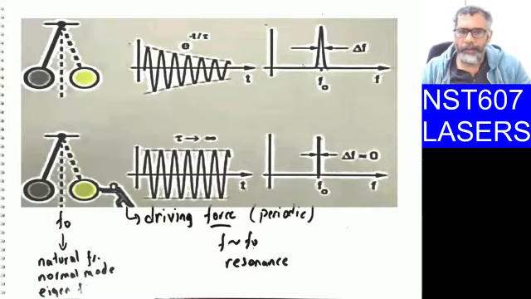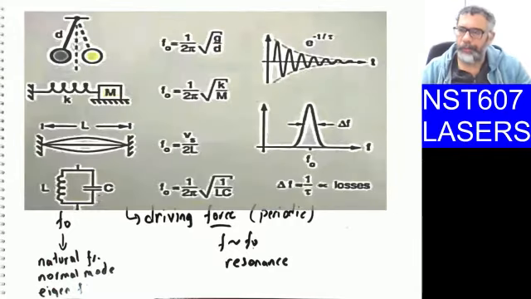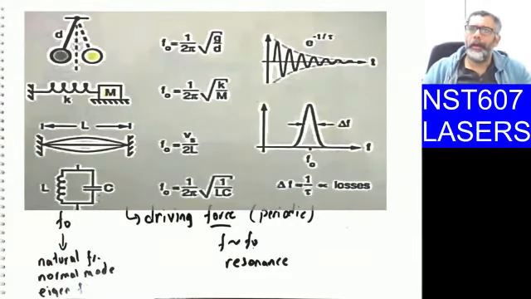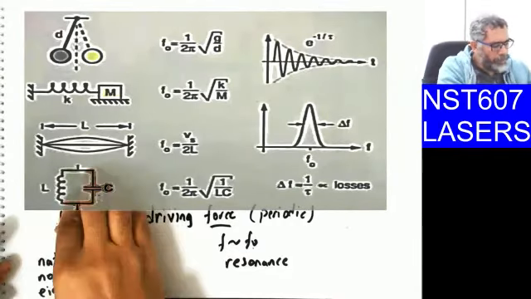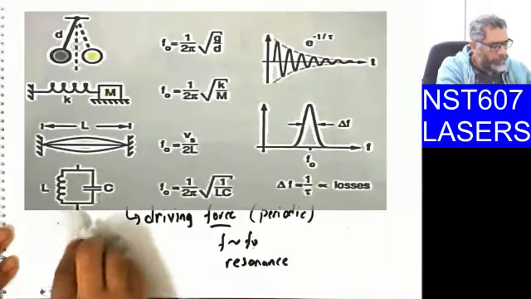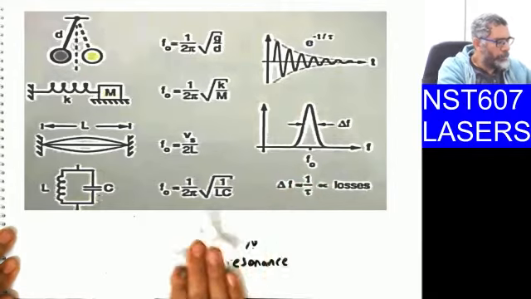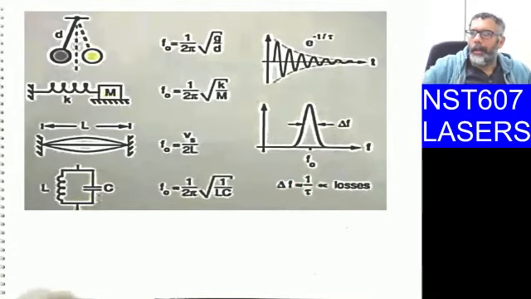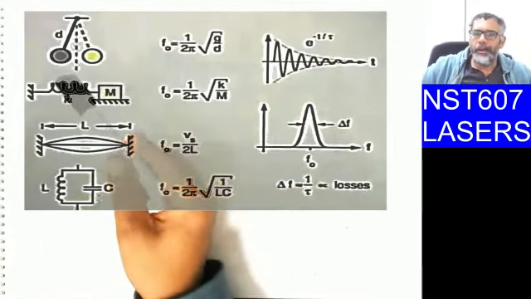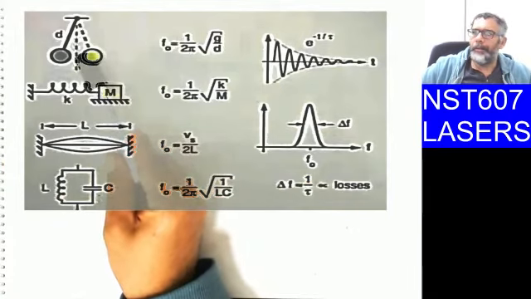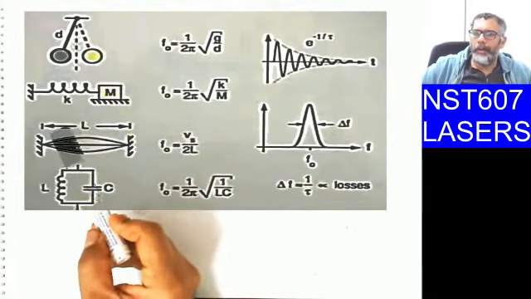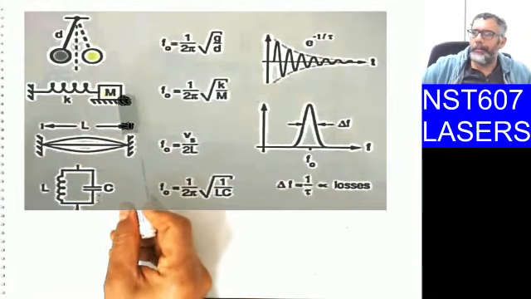So far, I'm trying to explain everything in its very basic format. In this slide, what you see is many different kinds of oscillators. There is this simple pendulum, and there is the spring mass system.